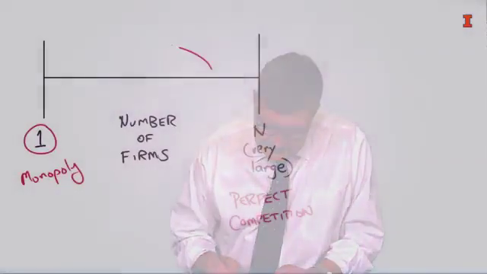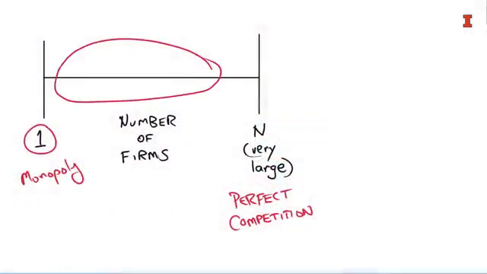Now, by the way, before we leave here, I should say that this middle zone, where there's more than one, but not that many, is what we call oligopoly. And oligopoly is a little bit harder. We're going to get to that after we build these polars.